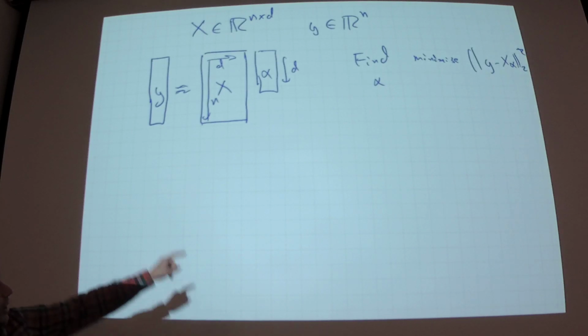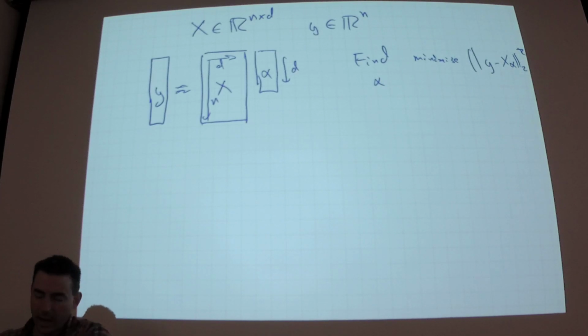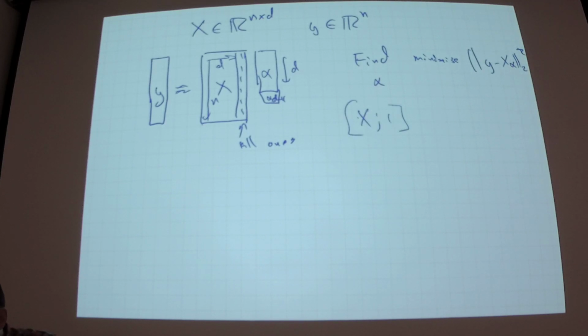All right, so I want to find the alpha which minimizes this. This setting does not have the offset in it, but I can add a column of all ones to x, and then I have an extra variable, so alpha is now d plus 1 dimensional.